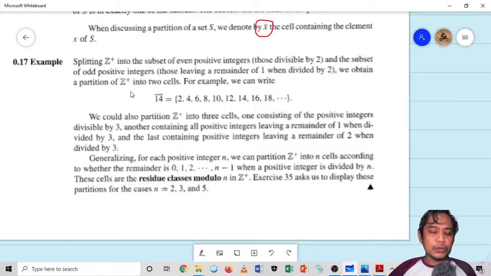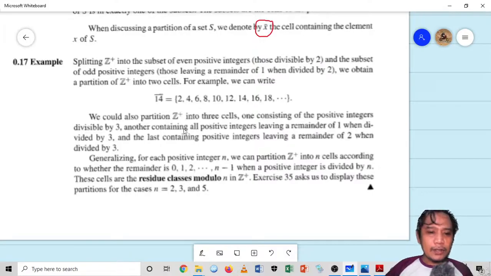Then we would obtain 2 cells. The cell that would contain 14 would be the set of even positive integers. So we say that 14 bar would be the cell containing 2, 4, 6, 8, 10, 12, 14, 16, 18, and so on. The other would be the cell containing 1. It would contain the elements 1, 3, 5, 7, 9, 11, and so on.